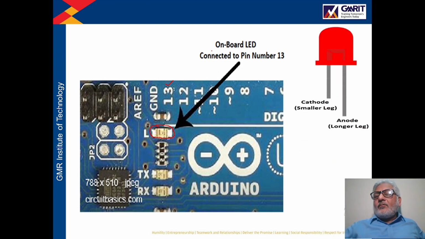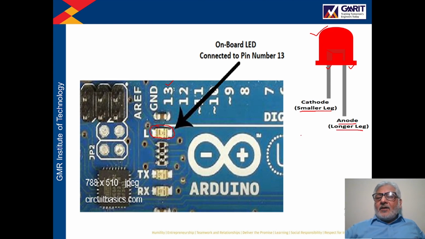So if you talk about the LED, so LED looks like this. It has two terminals. One is cathode, and cathode is a smaller leg, and another terminal is anode, and this anode is longer leg.